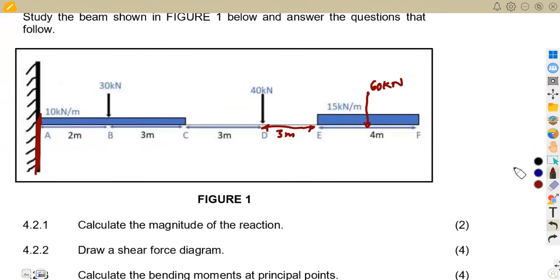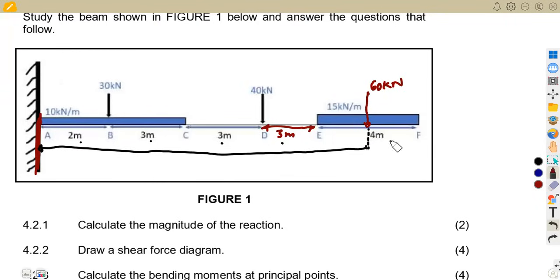Then the distance that you're going to take from this point here back to A. So remember here there's 2, 3, which is 5, 8, plus 3, which is 11. Then in between here there is a 2, because we've got 4 meters. So you're going to have 2 meters, 2 meters. So that means we've got a 2 meter there.